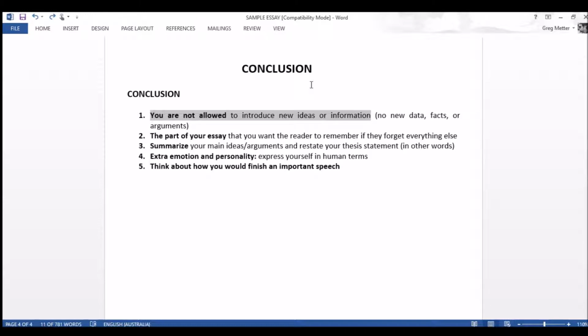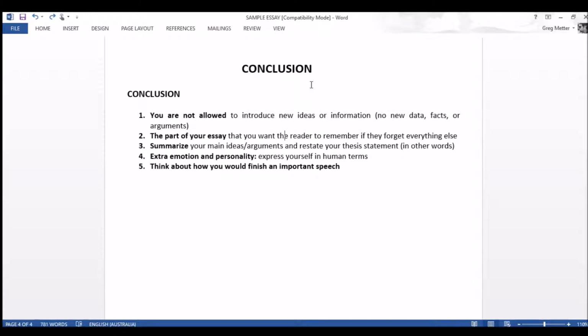Your conclusion should be to summarize and to restate and to remind, not to introduce new information. If you do introduce new information into your conclusion, it will not sound like a conclusion, and the reader will think that you are missing a conclusion. That's why it's important. You need to conclude and not to introduce anything new.